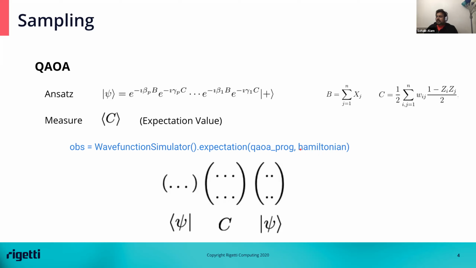It's typically some Hamiltonian, right? So in this case, it's the cost Hamiltonian corresponding to the max cut problem. And the way it does it is by simple linear algebra, right? You all must have learned about these brackets by now, right? So this is basically like a row vector. This is your bra. This is your observable, the cost Hamiltonian of the problem, and this is your ket.